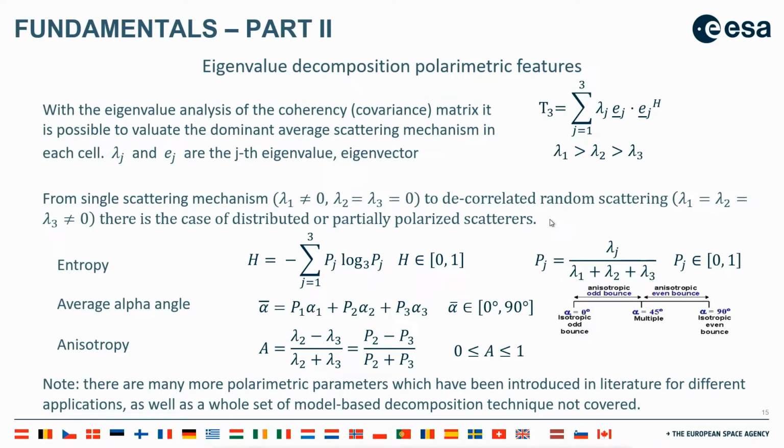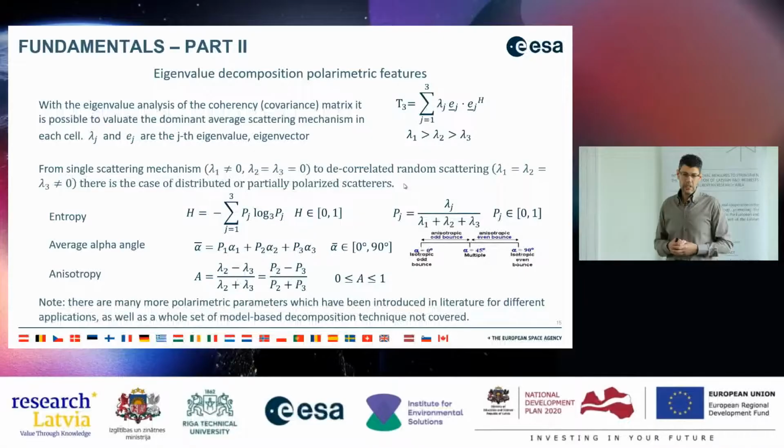And then you can go from this case to the most random case, which is when the 3 eigenvalues are almost equal and different from 0. And this is happening when you have partially polarized scatterers. And with the eigenvalues, you can retrieve some other polarimetric features, which are given here.